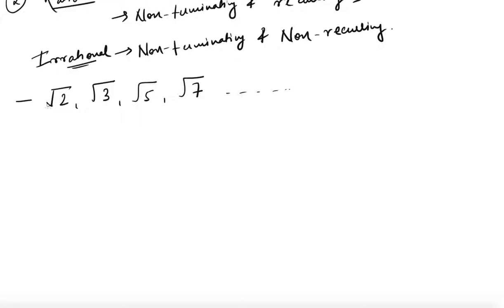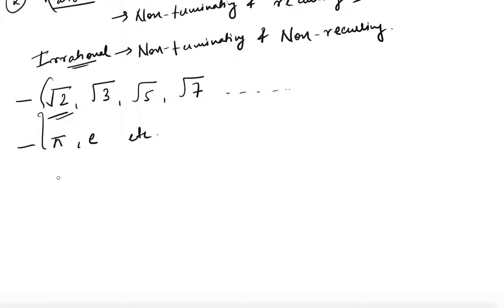We'll also see in the next video the proof by contradiction, in which you can prove that such numbers are irrational. Other irrational numbers include pi, e, etc. Such numbers also come under the category of irrational numbers because they are not rational.